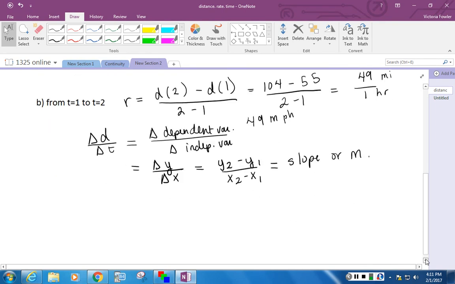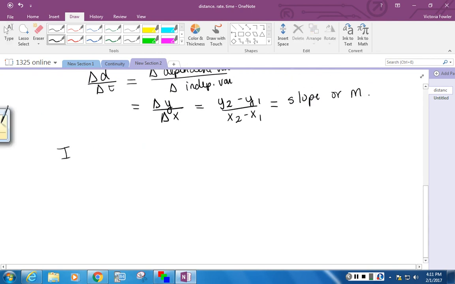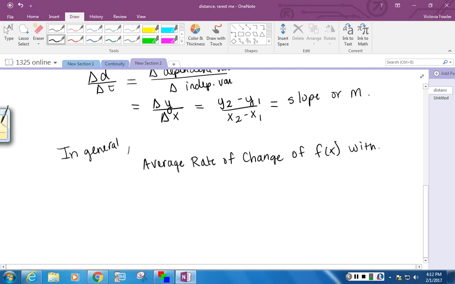We can say in general, the average rate of change of a function f of x with respect to x as x changes from A to B is the following.